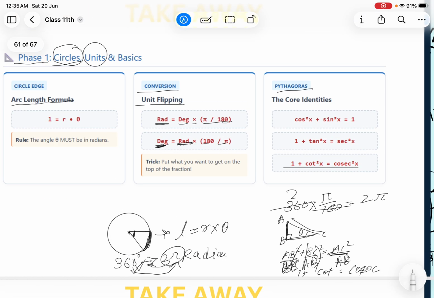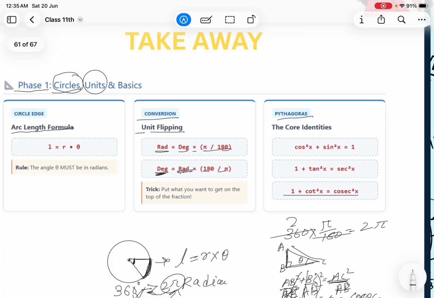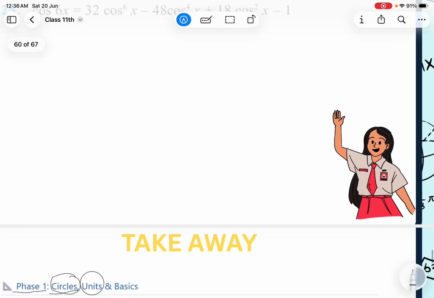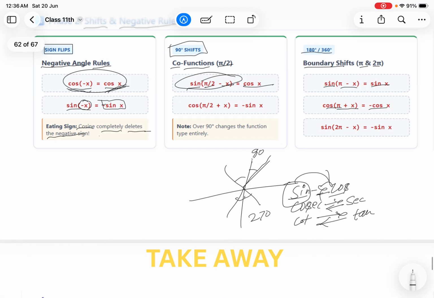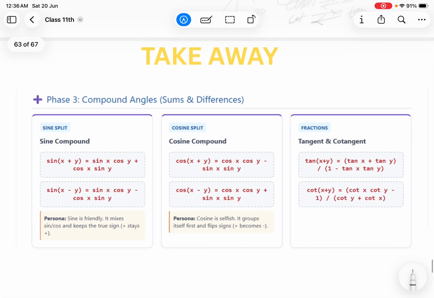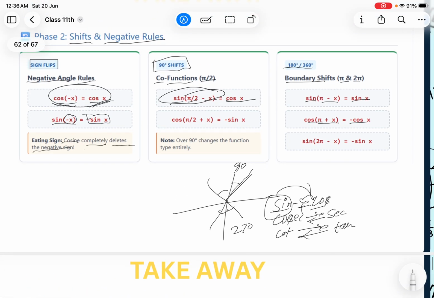Okay, so we see here that when there is cos, it observes the minus sign, right? But in this example it's not observing that.